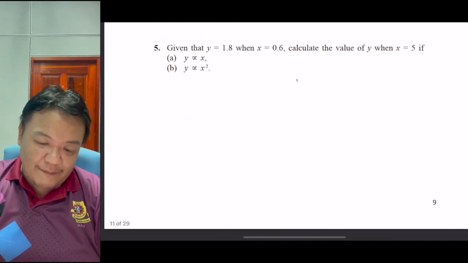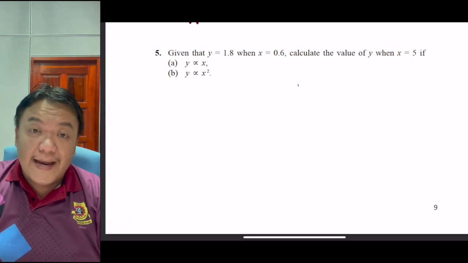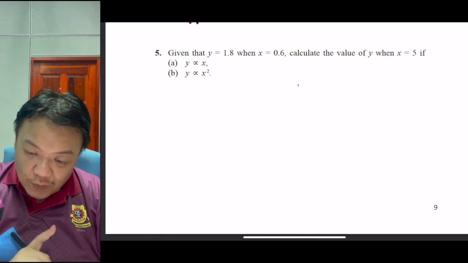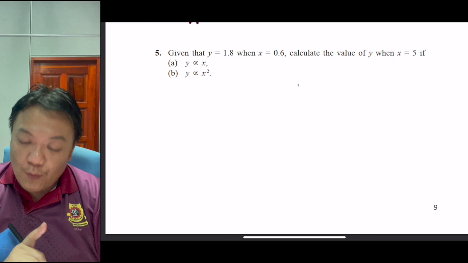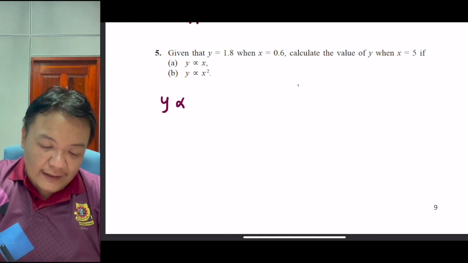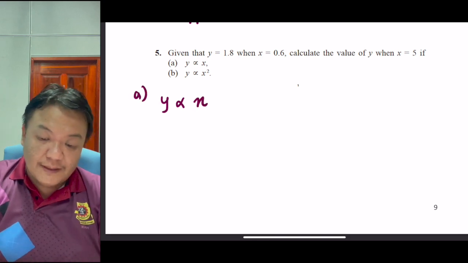Next, number 5. Given that y is equals to 1.8 when x is equals to 0.6, calculate the value of y when x equals to 5 if y varies directly to x. Same steps as above.